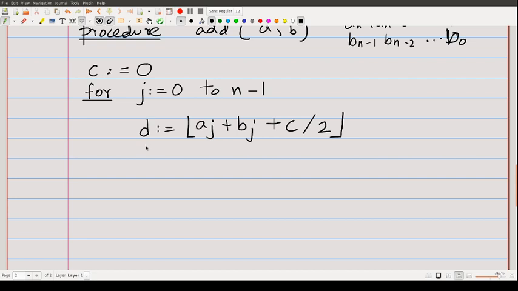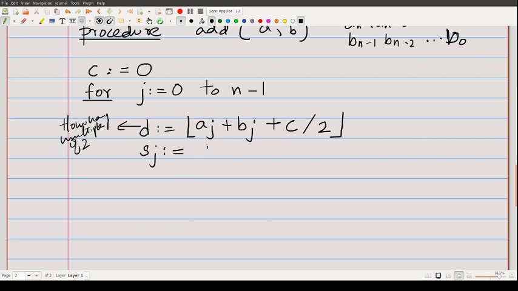The next thing that we do is we define S_j as follows. So D tells me how many multiples of 2 do I have in my sum.